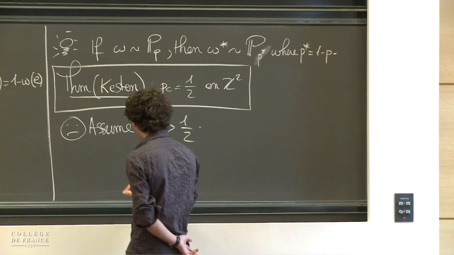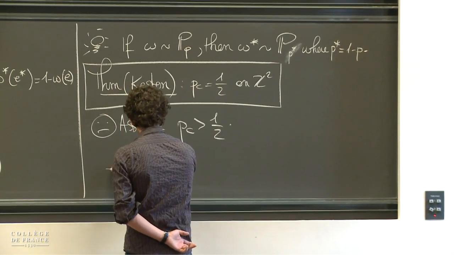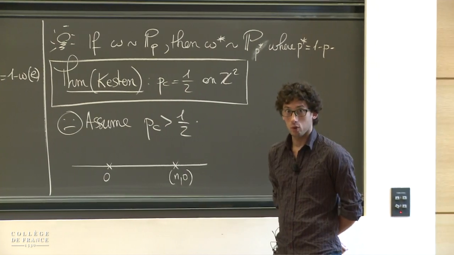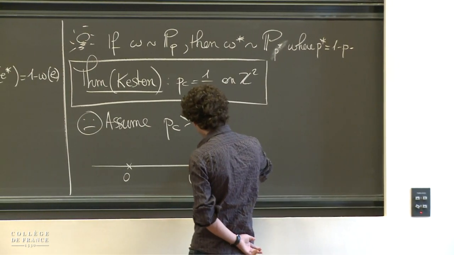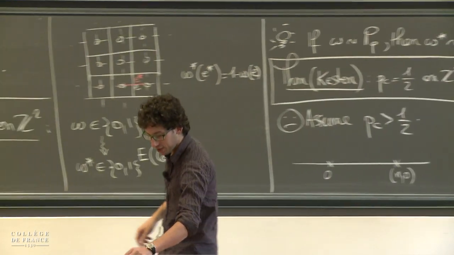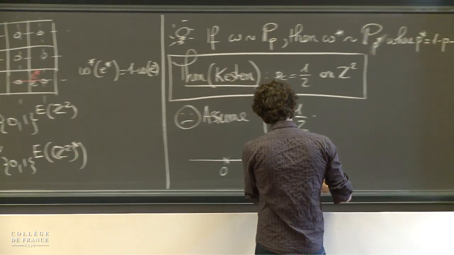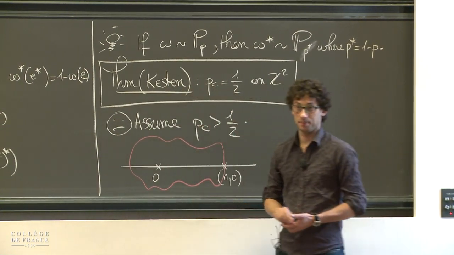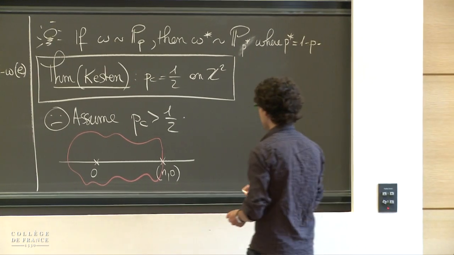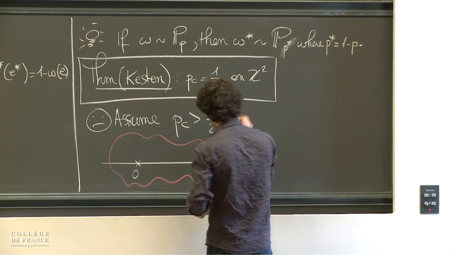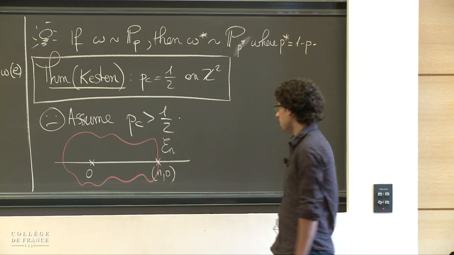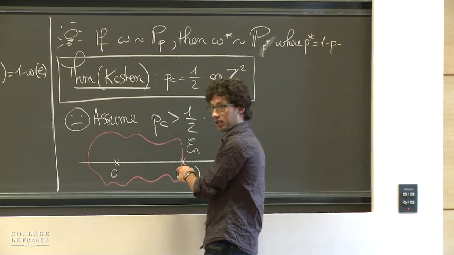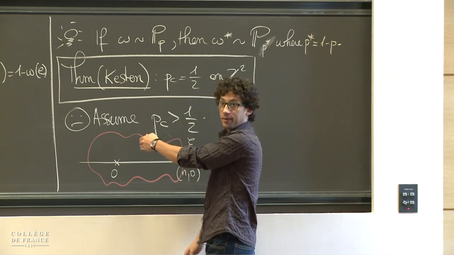So in particular, if I look at the event, so let's say 0 is here, let's take the site (n, 0). Let's look at the event that there exists a path of open edges passing through (n, 0) and surrounding the origin, something like that. Let's define this to be the event E_n. Well, if (n, 0) is on a circuit which is surrounding the origin, at least (n, 0) is connected to distance n.